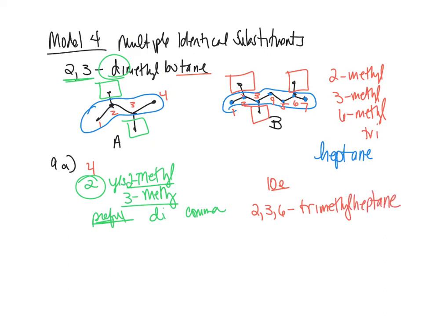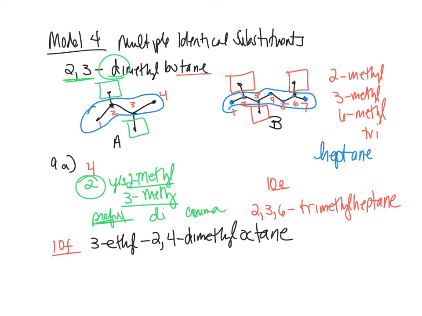Draw the structure. Okay, then they give you another one, 10F. Draw the structure for 3-ethyl-2,4-dimethyl octane. One of the goals you need to be able to do is to go from name to structure and structure to name. So we're going to start with octane: 1, 2, 3, 4, 5, 6, 7, 8.